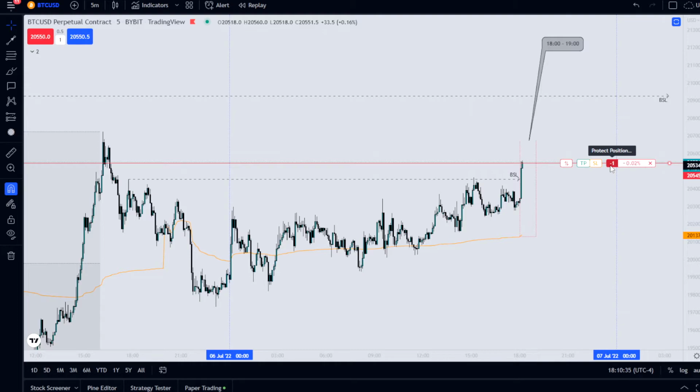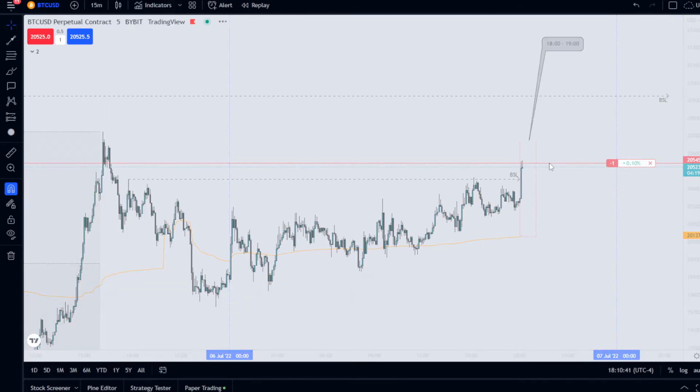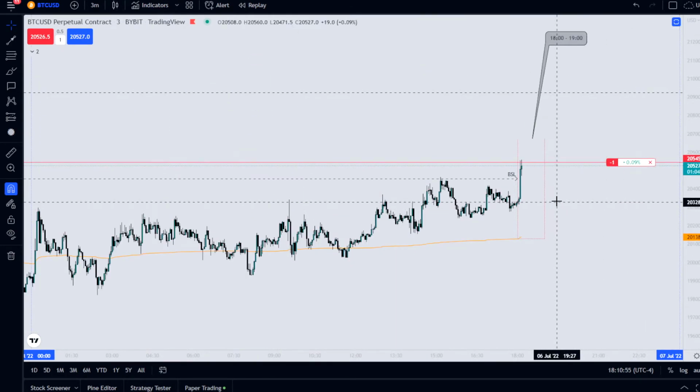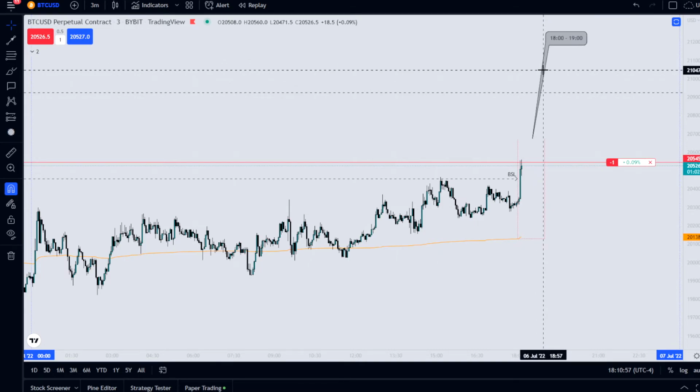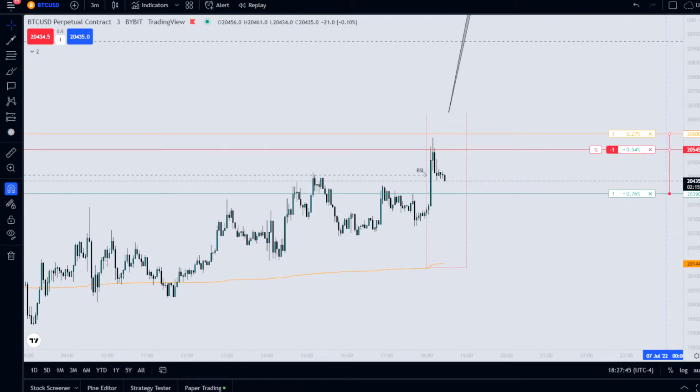Okay, what I'm going to do is leave that running for at least 1 hour. So this is almost at my target, and I just kind of want to exit this trade because I want to carry on with the video.